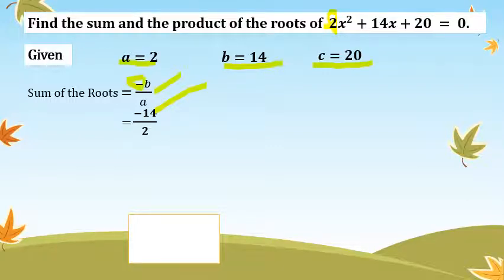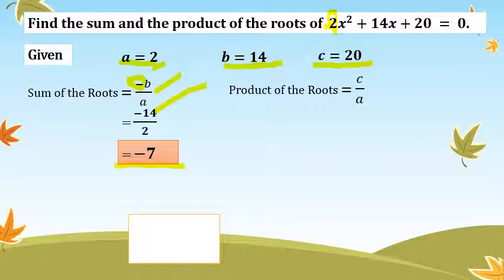Given yan sa formula. Then, yung B, papalitan natin ng 14, kaya meron tayong negative 14. A is 2. Then, simplify natin. Negative 14 divided by 2 equals negative 7. Ibig sabihin, ang sum of the roots ay negative 7.